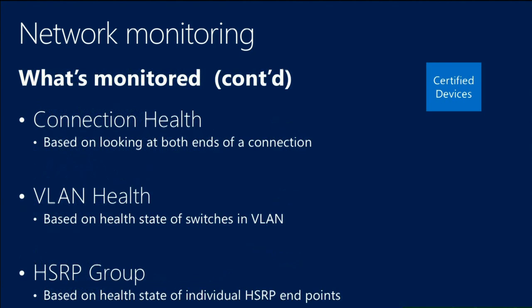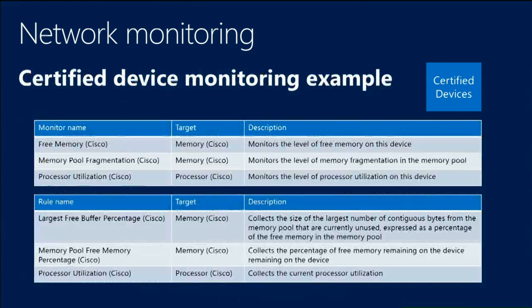We look at connection health, and I'll show you in the demo how two switches are connected and show a green line that actually, if something were to occur on one of either ports, will turn the line to red. We'll have a monitoring status on VLAN health, and if it's a Cisco HSRP high availability group, we'll actually give you state based on membership of that group and roll it up to give you an understanding whether or not the group is still highly available.